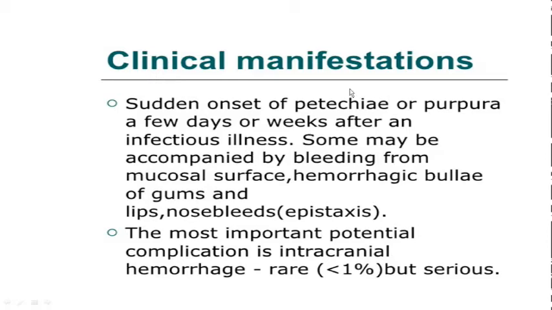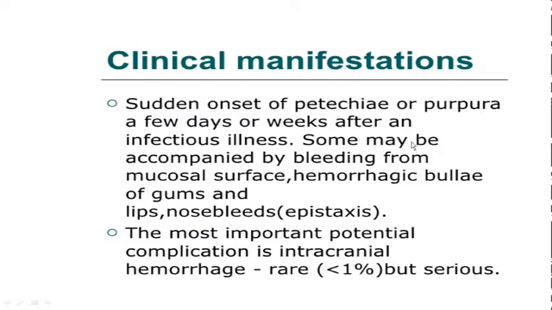Petechiae are flat, small reddish marks on the skin, less than 1 millimeter in size, usually non-blanchable and non-palpable. And purpura is basically a coalescence or collection of petechiae, and in cases of immune-mediated thrombocytopenia it is non-palpable, while in cases of vasculitis you will have a palpable purpura.